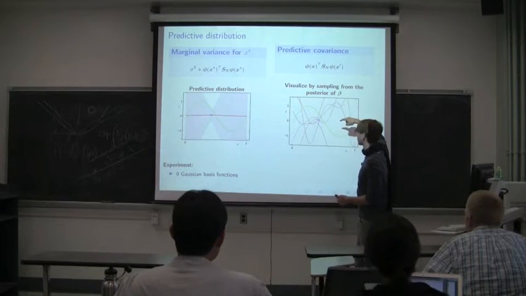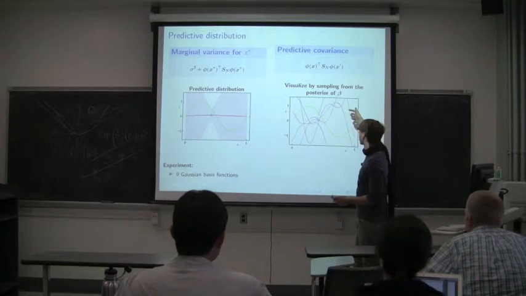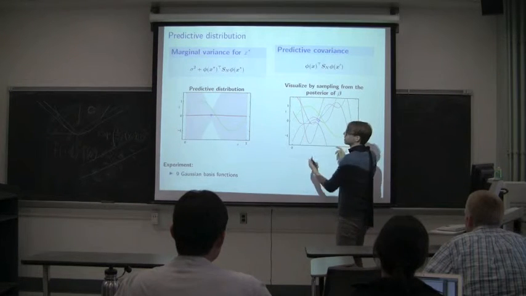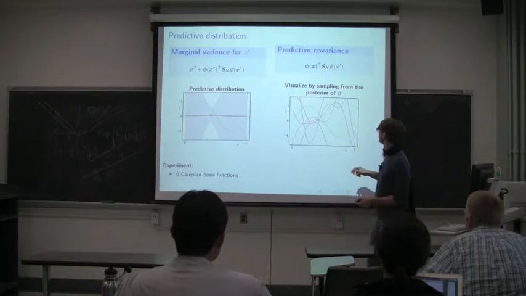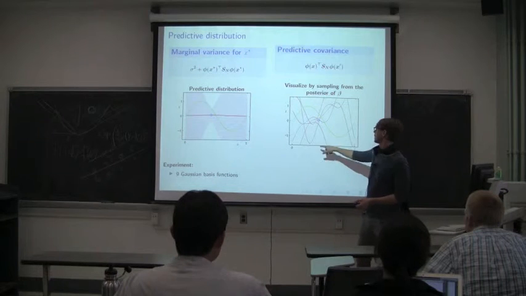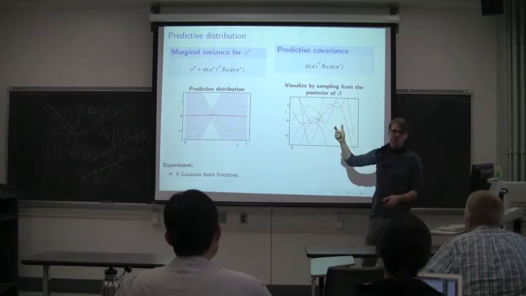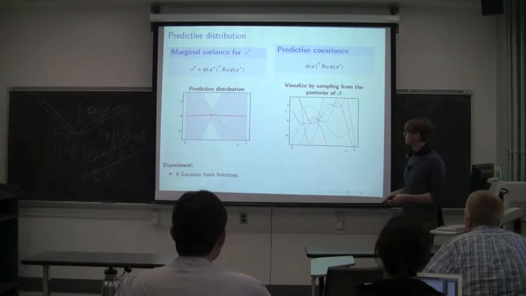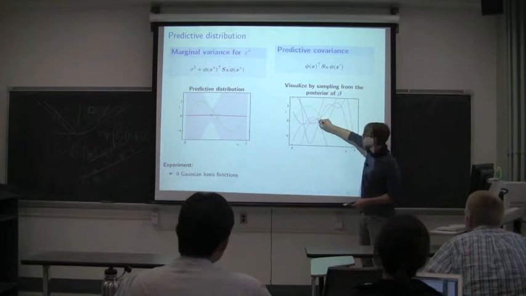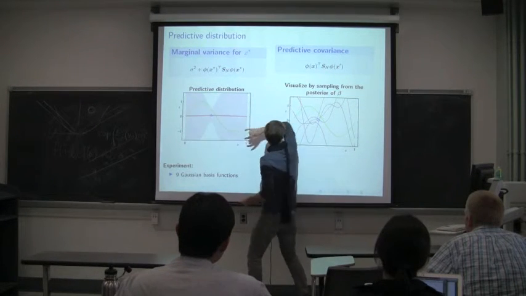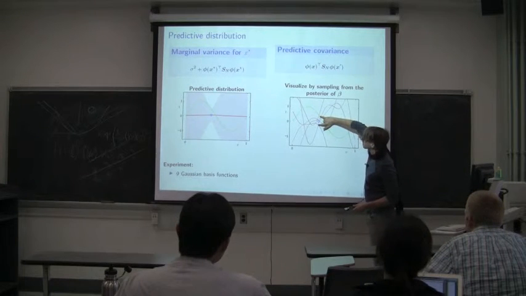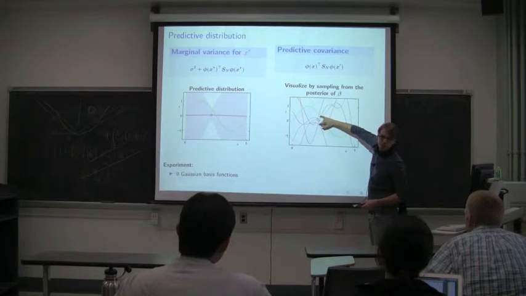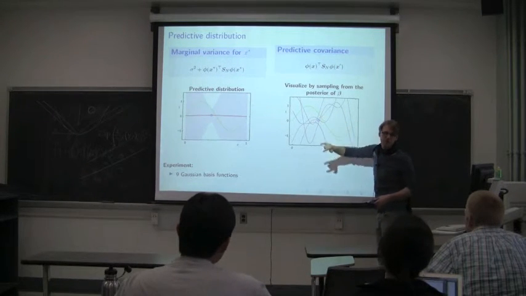This tells us how, for two x points, these function values covary. What we observe is that the function wiggles a lot, so there's not much covariance anywhere. But because of the small variance at this point, all the functions will try to be close to this point.